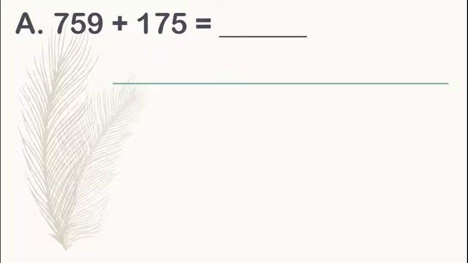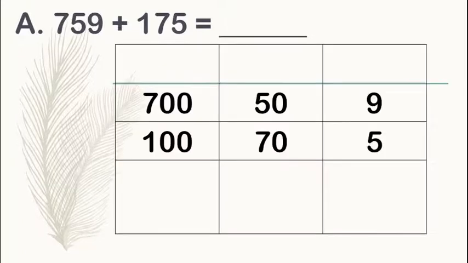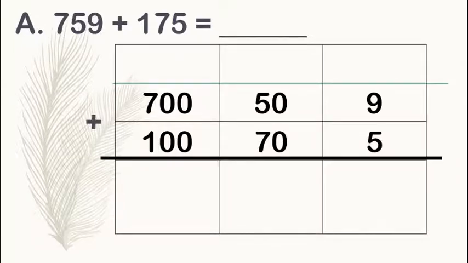The first thing we need to do is to expand the two addends. The expanded form of 759 is 700 plus 50 plus 9. And the expanded form of 175 is 100 plus 70 plus 5. So we need to add them using the following box.